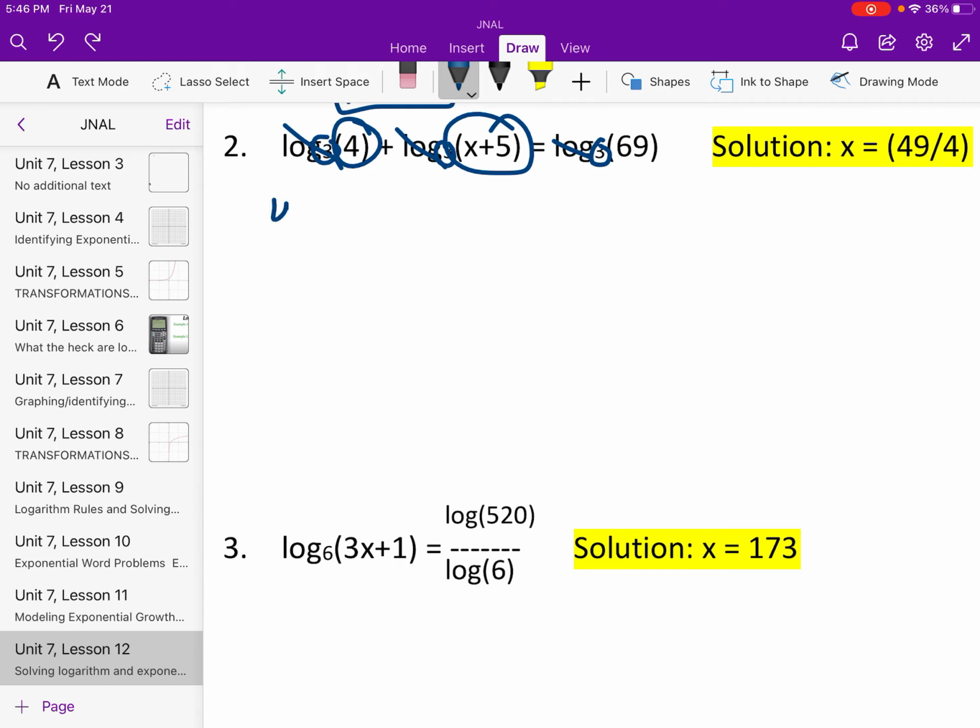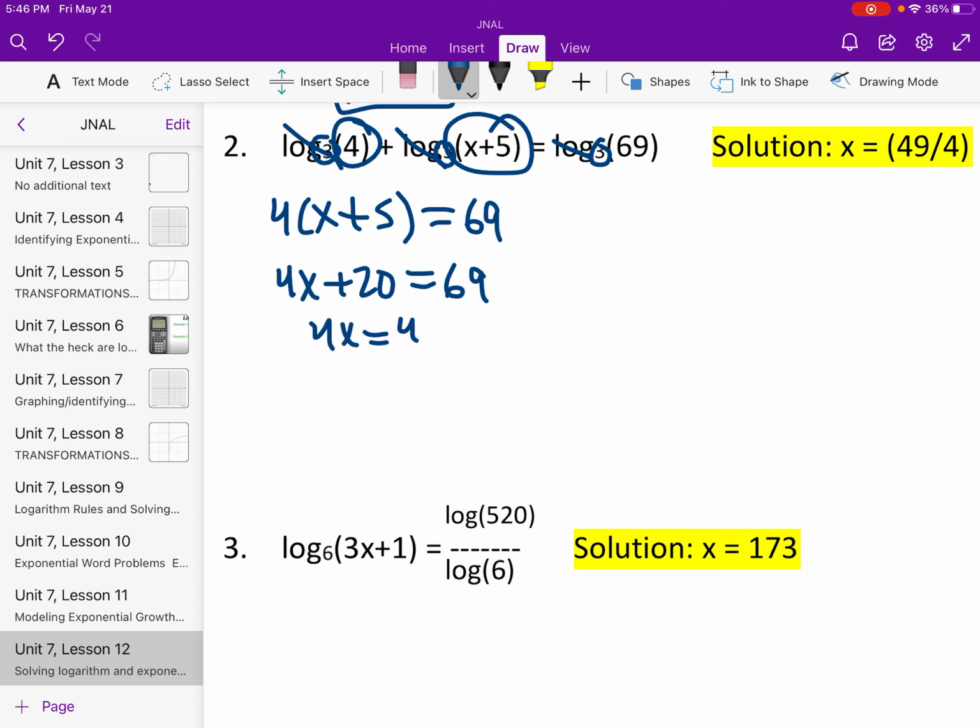So we multiply those instead, and that's equal to 69. Then we get 4x plus 20 equals 69. Subtract 20 on both sides, and you get 4x equals 49. Divide by 4, and yes, we do get 49 over 4. Okay, good.